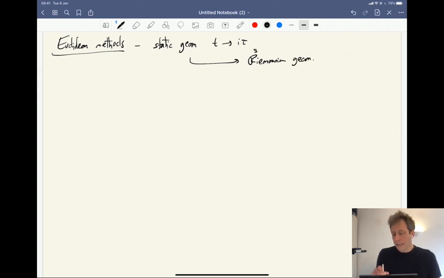We want it to go in particular to a smooth Euclidean Riemannian geometry, meaning there's no time, your signature is just plus, plus, plus, plus, plus.